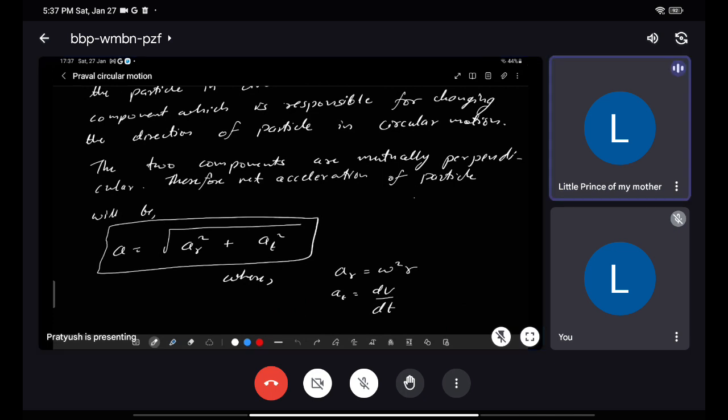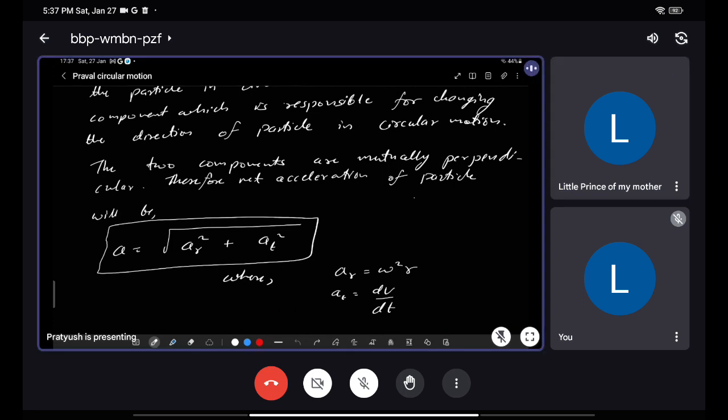So at should be d by dt of mod v, no, sir. See, when we say velocity, that is instantaneous velocity. No need to take mod because here it is already revolving. By negative sign, if you mean clockwise or anti-clockwise, then keep the negative sign because ultimately the direction will be clockwise or anti-clockwise.